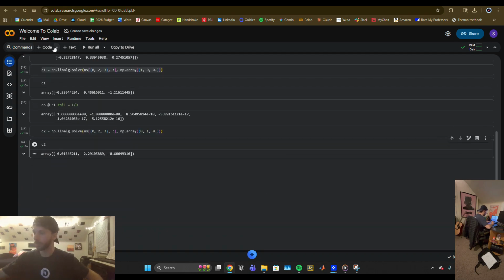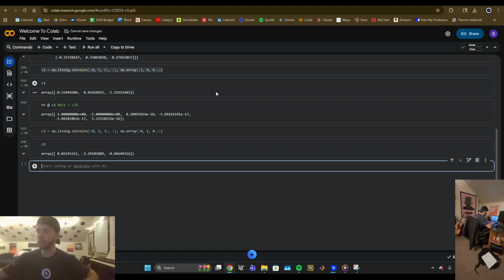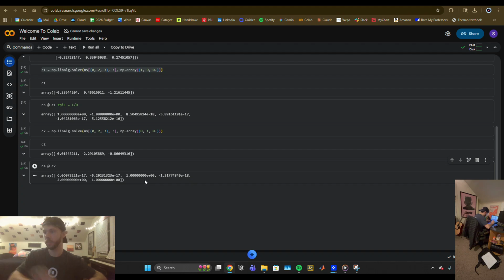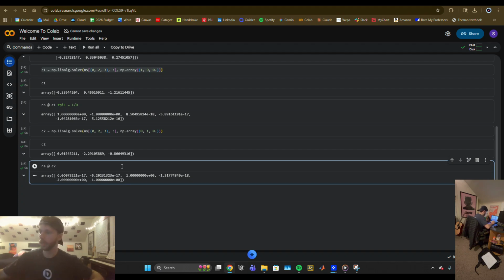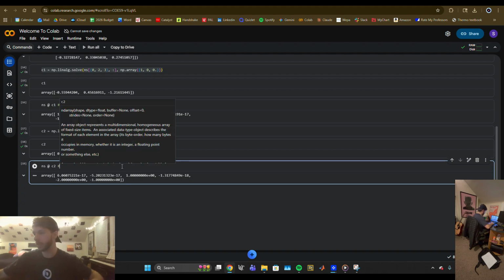Running that, we'll see what our C2 value looks like. This is what we'll take the dot product of with our null space. So we'll say ns at C2. Run that, and we'll get these values.